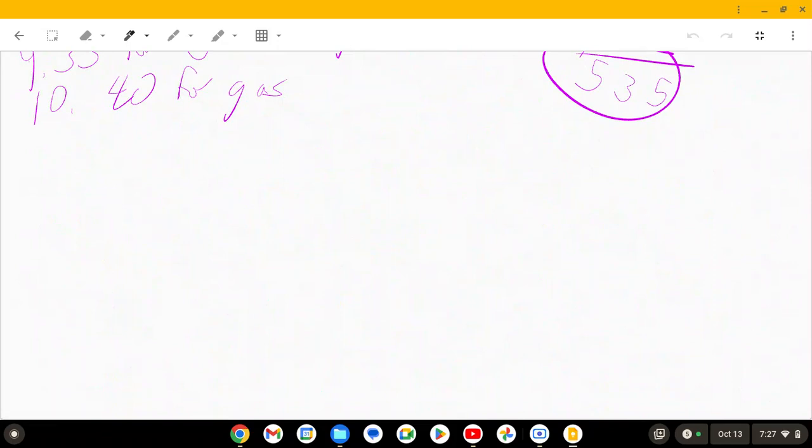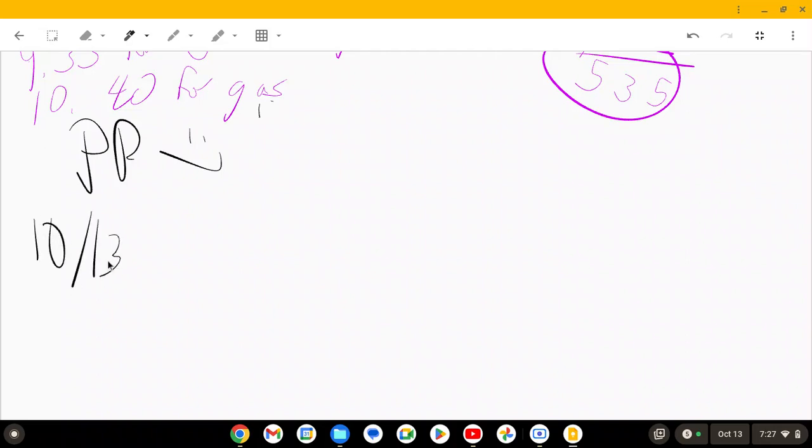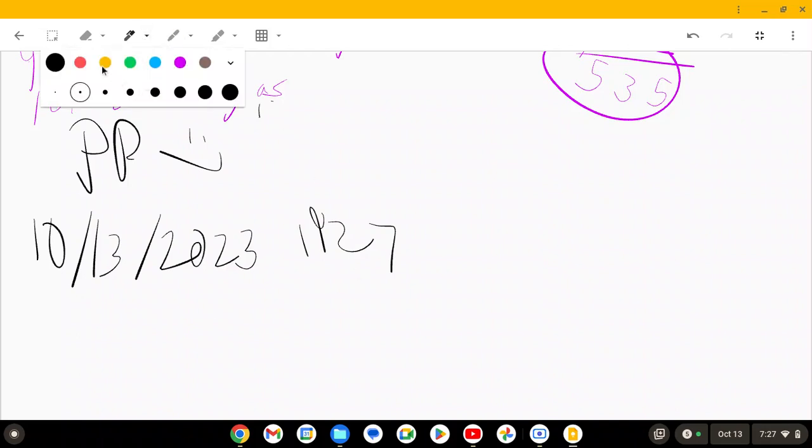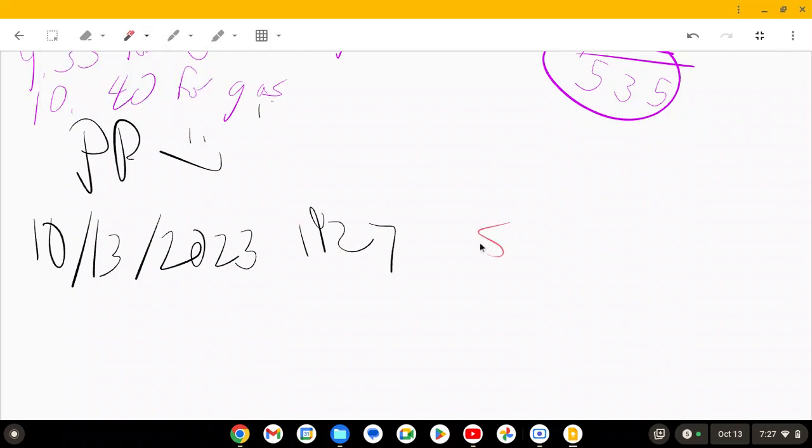There we go. 10, 13, 23, and it's 1927. And then just a couple notes: 120 instant.